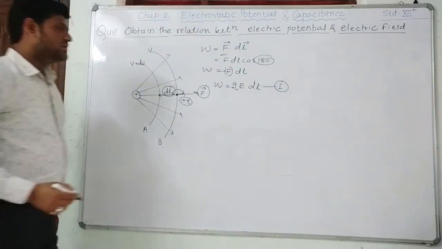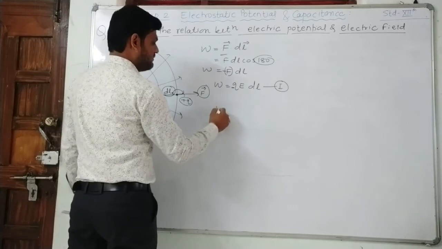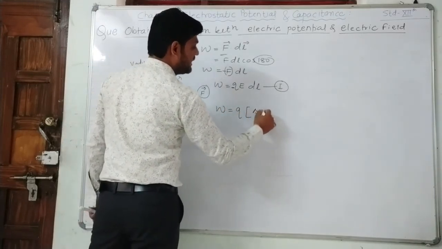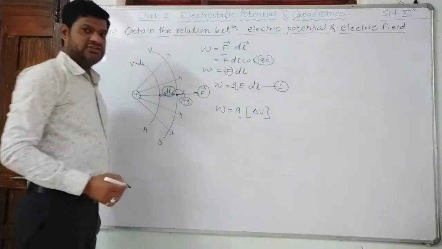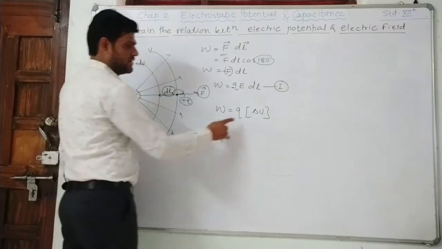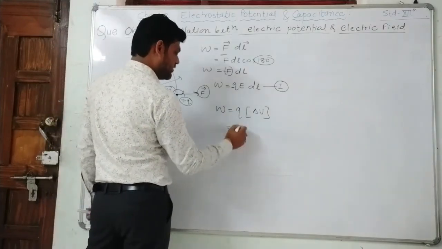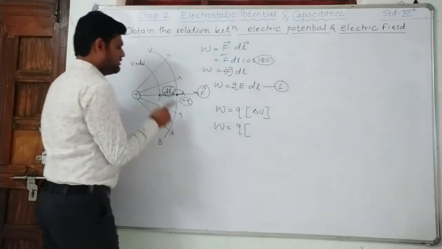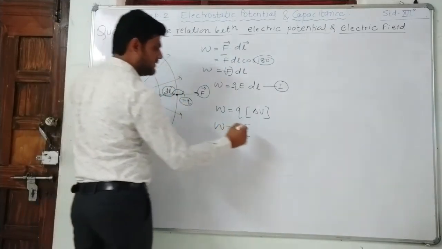Another way we can find the work done. Work done W equals charge into delta V. That is also the work done in carrying the charge from this surface to this surface. Which charge are we carrying? Q is the charge. What is the potential of the final point? That is V plus dV.